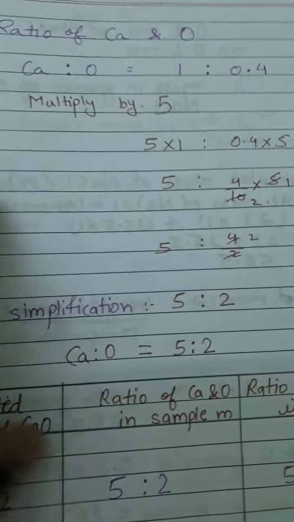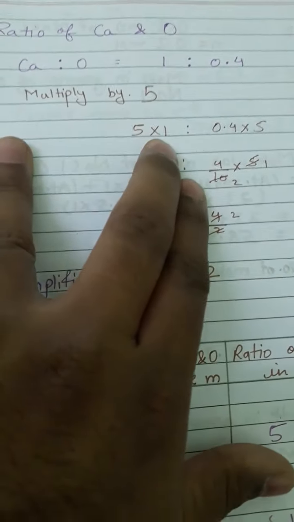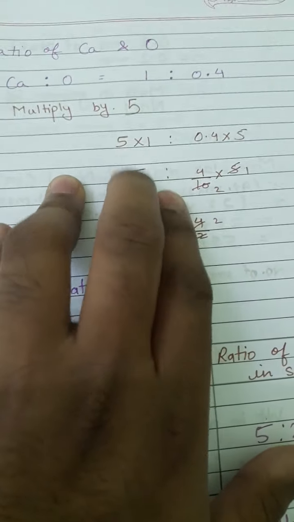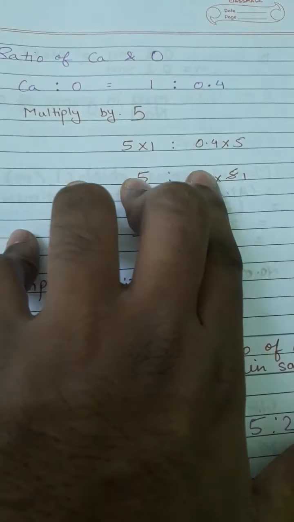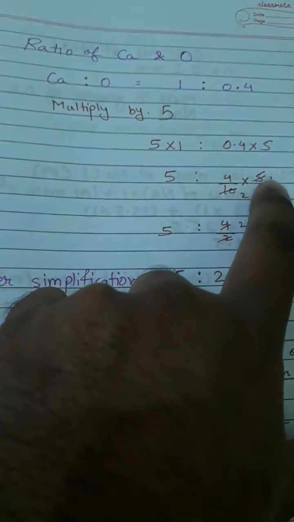But this is not the simplest ratio. For calculating the simplest ratio, we can multiply by 5. When we multiply by 5, on this side we get 5 times 1, which is 5, and 0.4 times 5 gives 2.